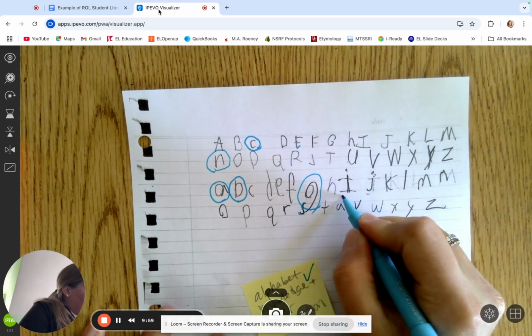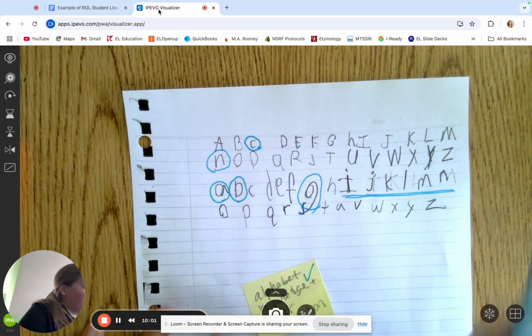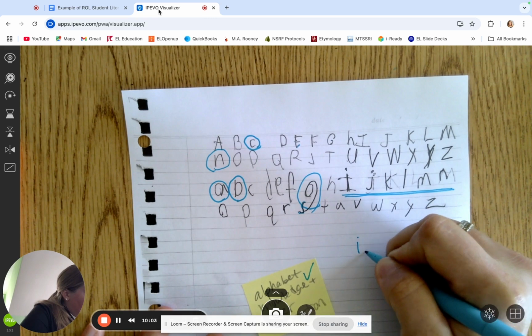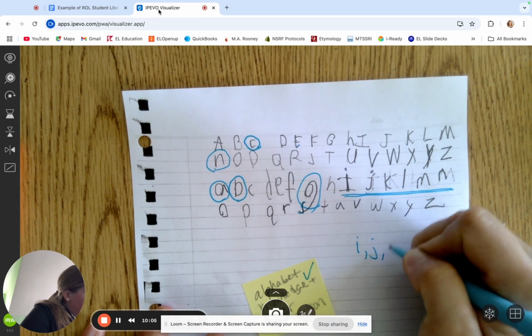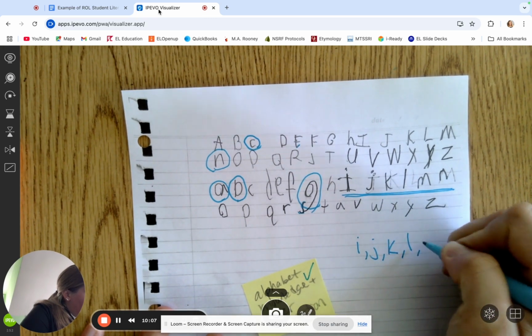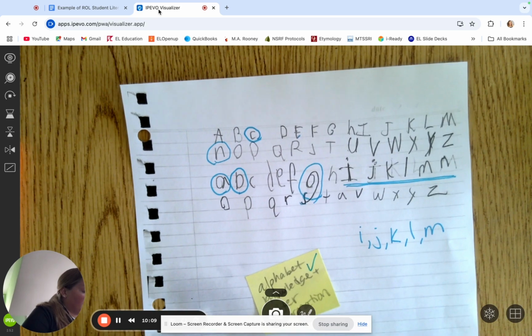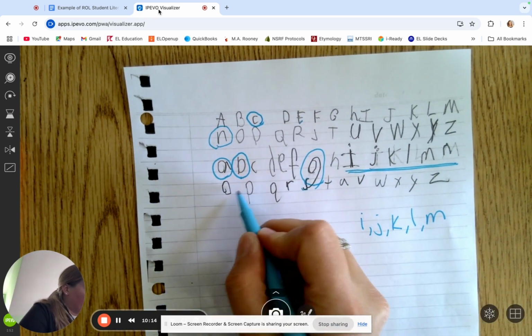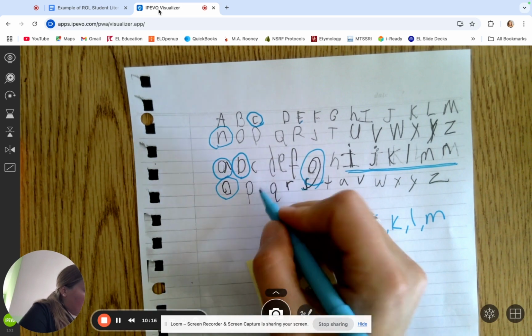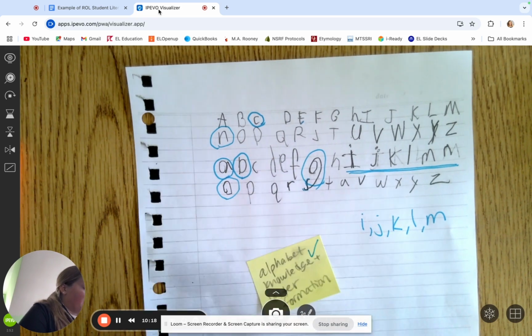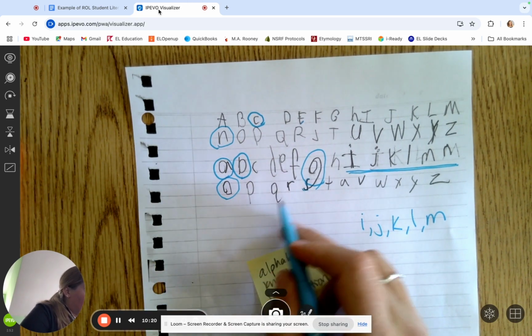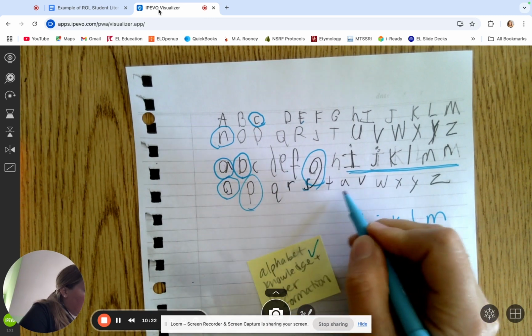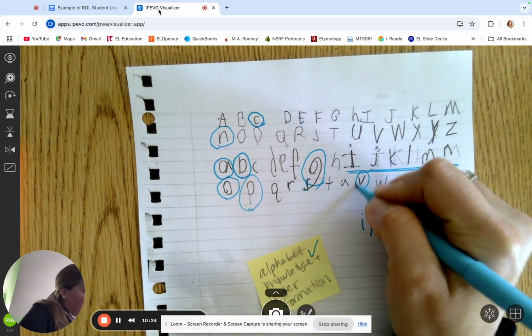So that means they're not automatic. So we need to keep working on I, J, K, L, M. Keep practicing with the student until they're automatic and they don't have to stop and think about how to make those letters. This looks like a capital O. This is a mix of a capital and a lowercase p, Q, R, S, T, U, V, W, X, Y, Z. The V's all over the place.